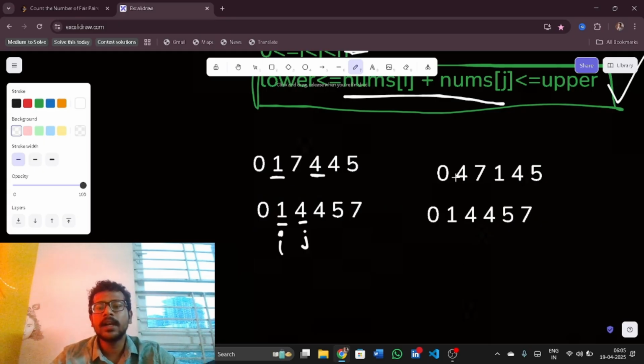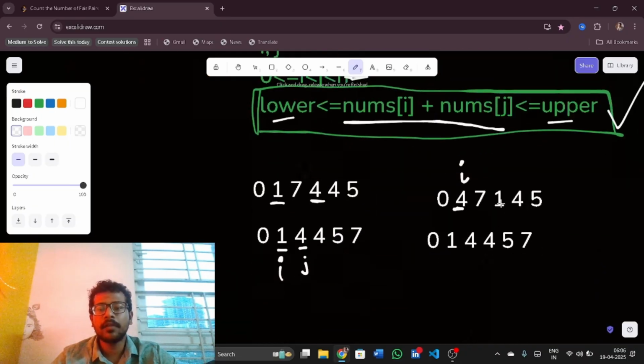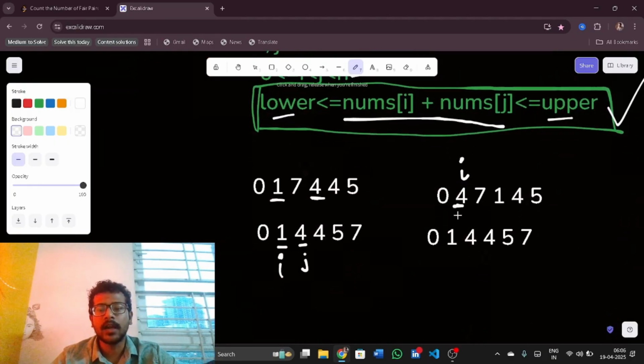Even then I get to this 4, and do I have anything to add to this 4? I am considering this as i. Do I have anything as nums of j so that I come in the range of lower and upper? If I add 7, I'll go to 11, which is greater than upper. If I add 1, I'll be in the range, which is 5. 4 plus 1 is 5 and it is a fair pair, so I am taking this one.